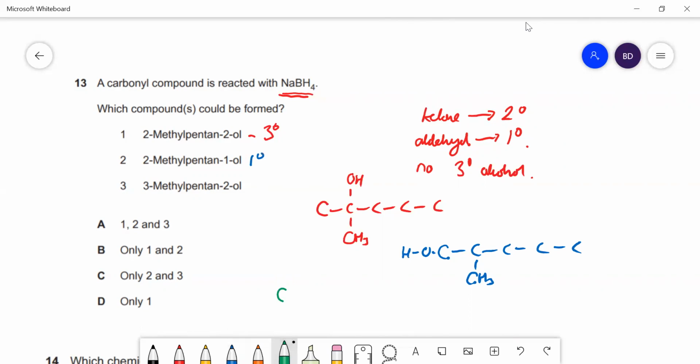Let's draw that one. That's a secondary alcohol, I think. So 3-methyl, beg your pardon, a methyl on carbon number 3, and we have got the alcohol on number 2. That's a secondary alcohol, so that's okay. So it's 2 and 3 as the answer. So C is the answer there.